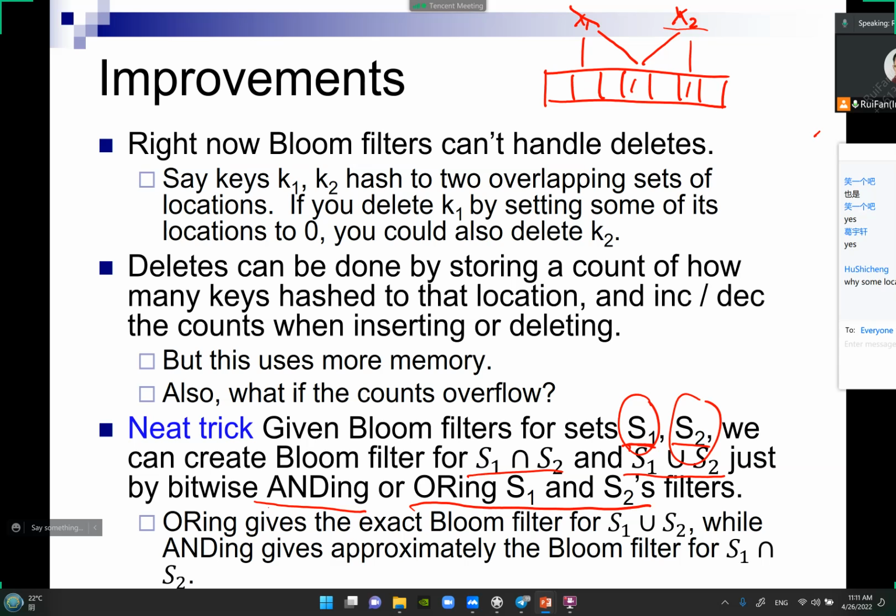If you OR them together, you're going to get exactly the Bloom filter for S1 union S2. But if you AND them together, you get something which is approximately like S1 intersect S2. I'm not going to go into more details about how accurate that approximation is, but these are tricks that you can do with Bloom filters.